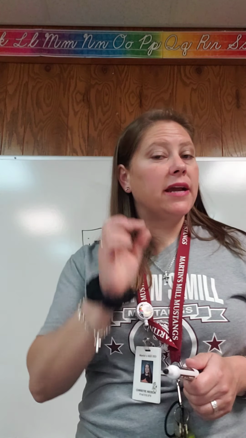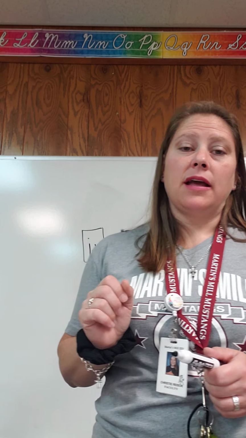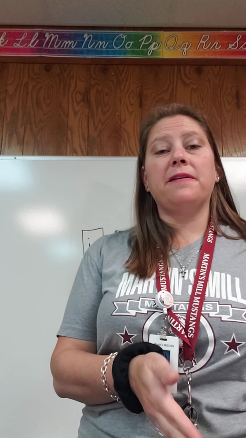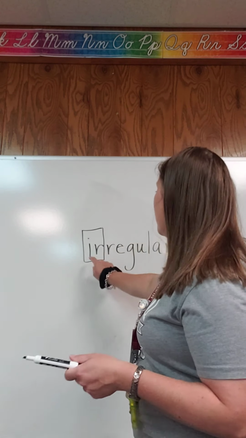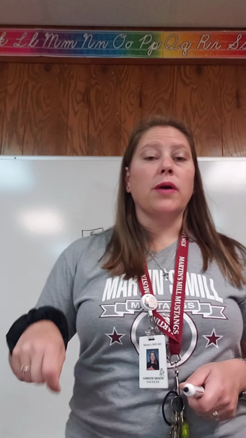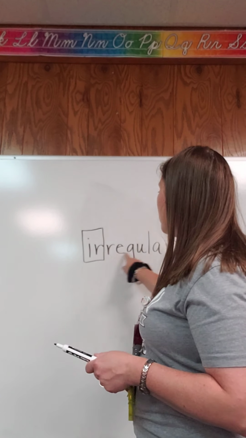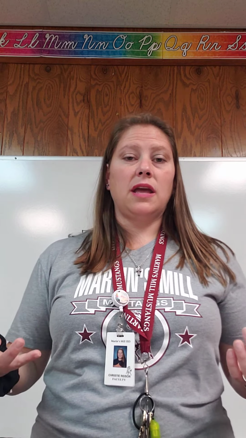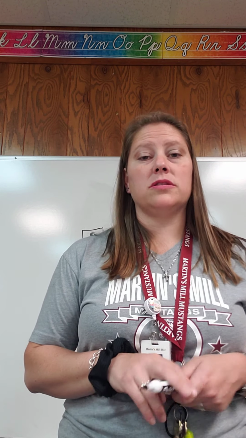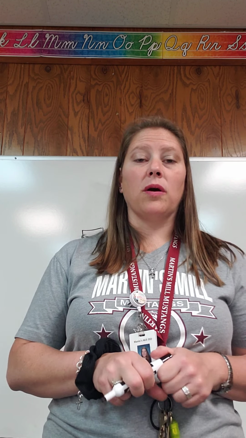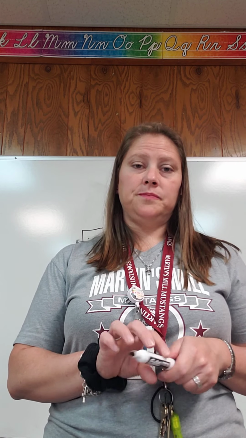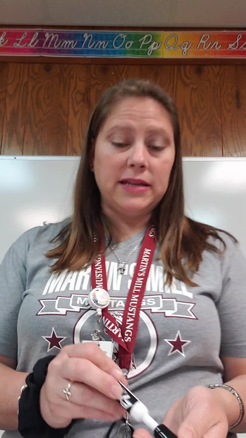Now, that's not talking about ear like the ear on your head. It's talking about ir as in prefix ir. Okay? Left behind is base word regular. So it's irregular. So what do you think prefix ir also means if you're thinking about the word irregular? That is correct. It means not. Okay? It means not. Ir can also mean without.